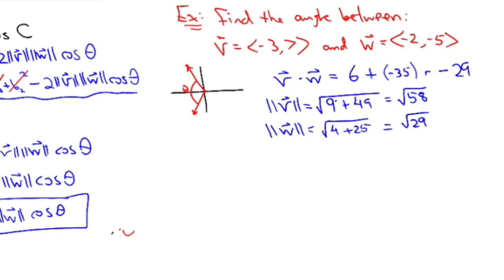All right, and then you just plug it into the formula. The first thing is v dot w is equal to the magnitude of v, magnitude of w, cosine of theta. So v dot w gets replaced with negative 29.